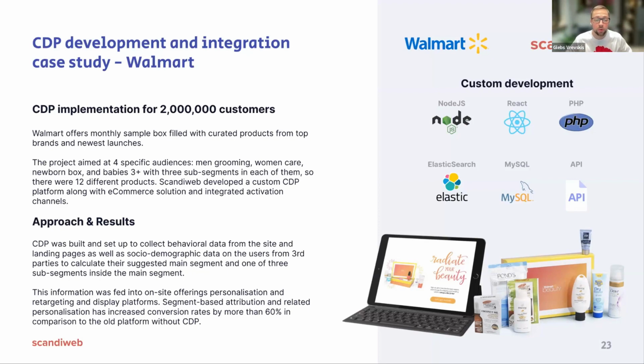So such a CDP was the only right option for them, a platform to gather all this first-party data they were getting from the questionnaires and some surveys they were asking customers to fill in, and then analyze it, push it further to the data warehouse or anywhere else. So yeah, they didn't want to store it within their e-commerce platform or anywhere else. That's a case of a very complex, enterprise-grade CDP implementation.